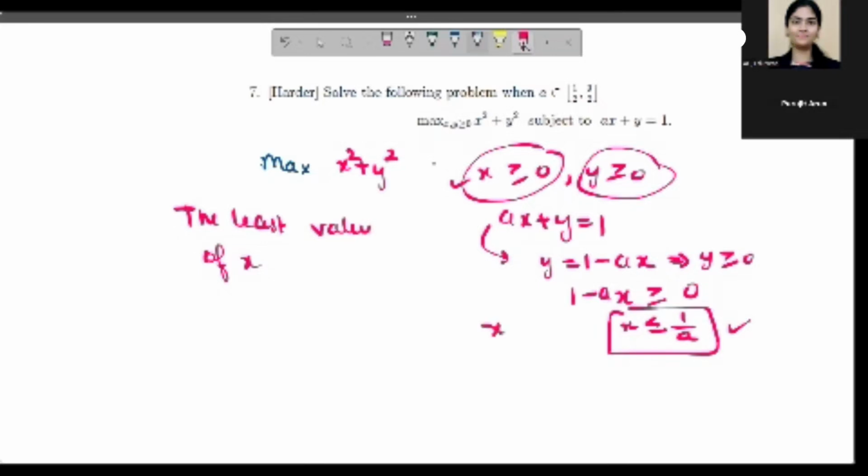X is greater than or equal to 0 but less than or equal to 1 by a. So what is the least value of x?